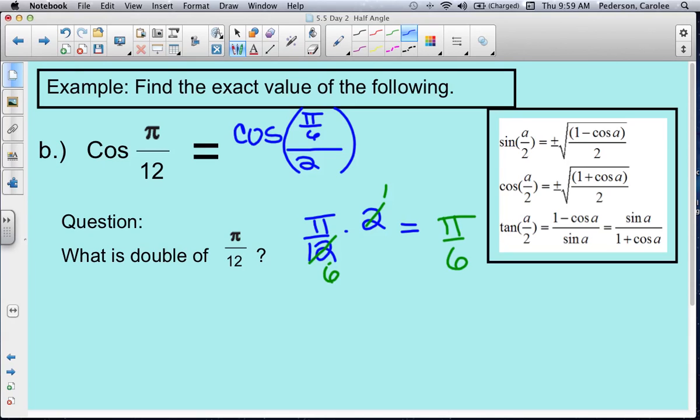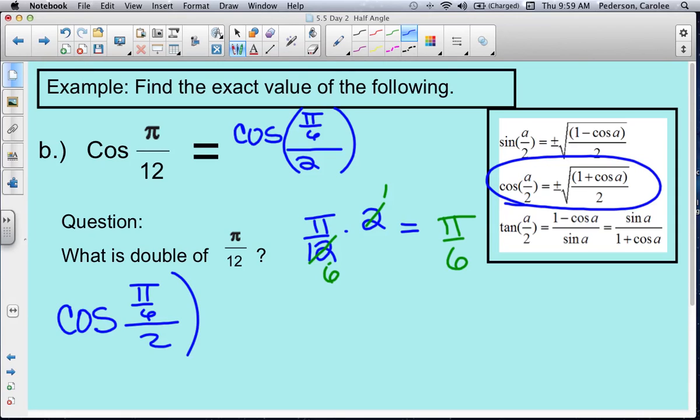Looking at our formulas, which formula are we going to choose? The second one. So we say then that the cosine of pi over 6 divided by 2 is the square root of 1 plus the cosine of pi over 6.